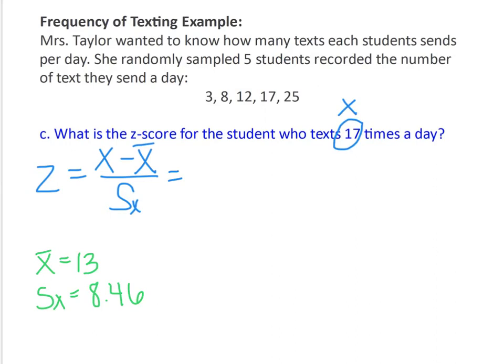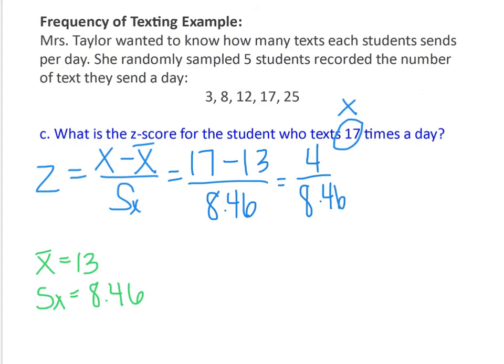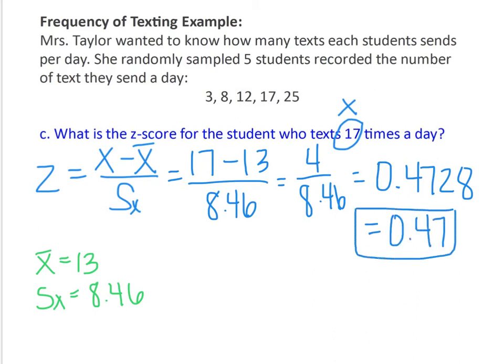So when I plug my numbers in, 17 minus 13 over 8.46, or 4 divided by 8.46, that gives me 0.4728, but z-scores we round to two decimals, so 0.47 is the z-score for a student who texts 17 times a day.